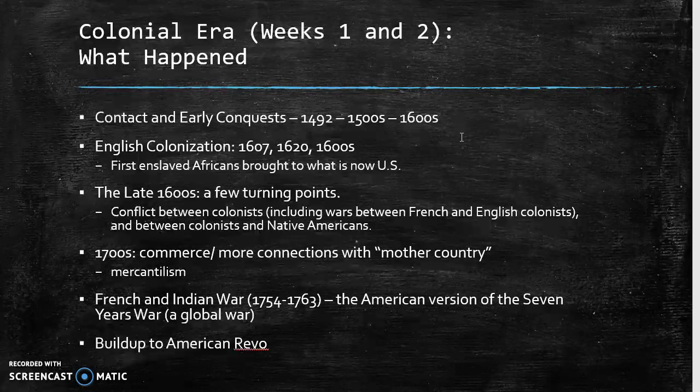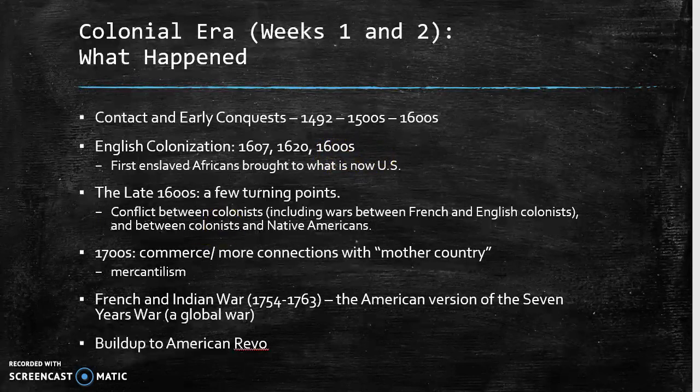Then we start to see English colonization of North America. This is when the first enslaved Africans were brought to what is now the United States. I wrote some dates down here, 1607, 1620, and the 1600s generally.